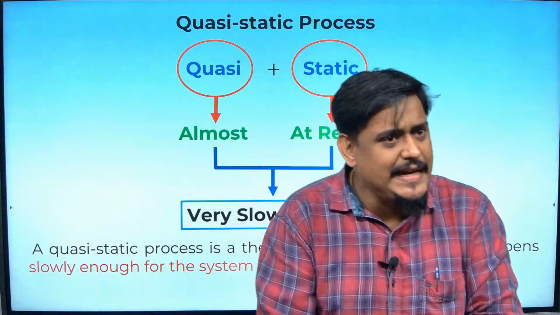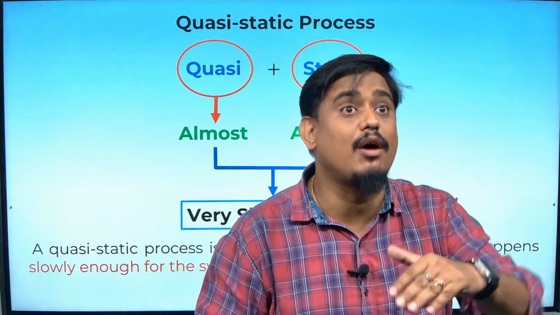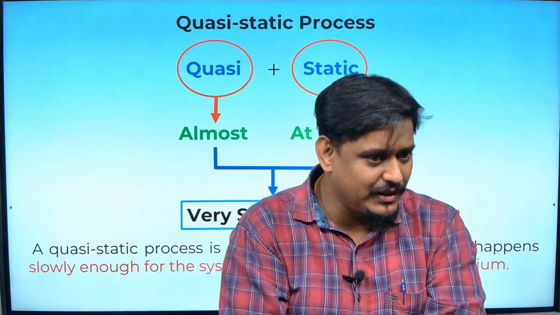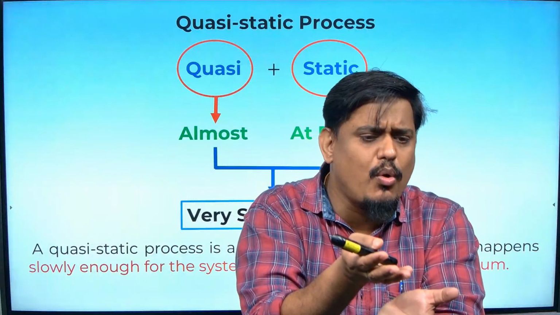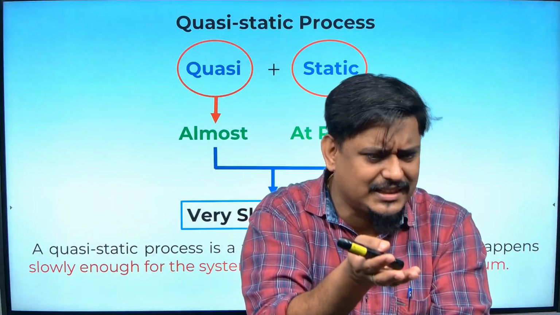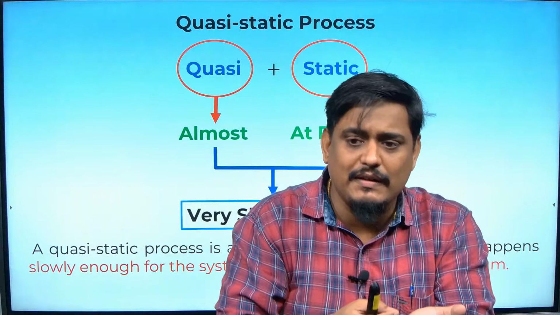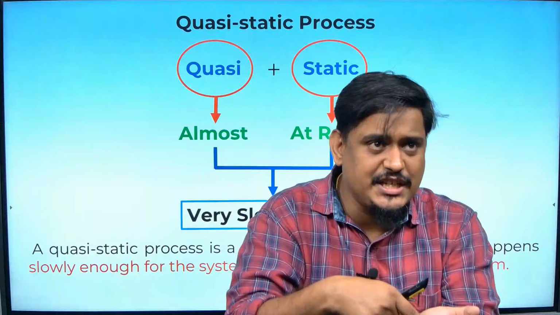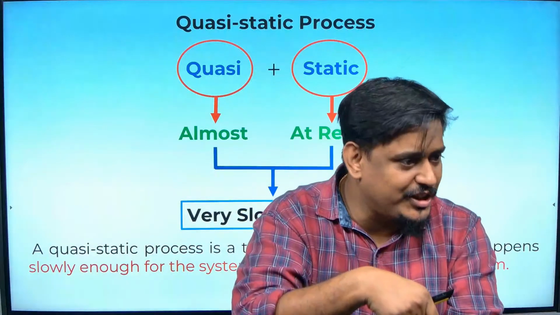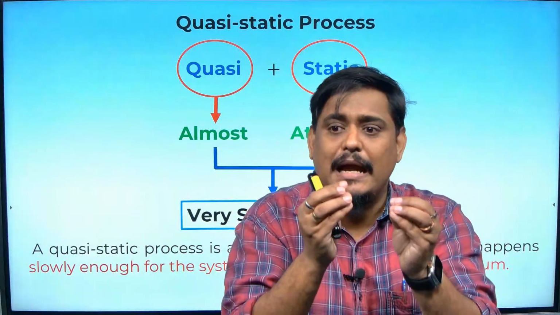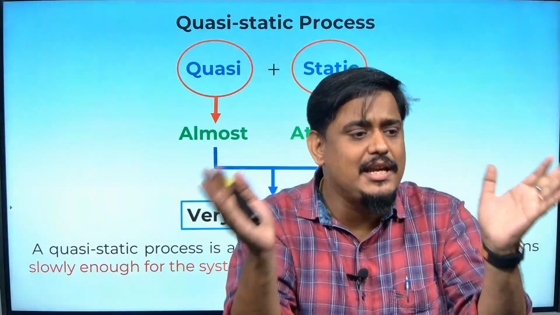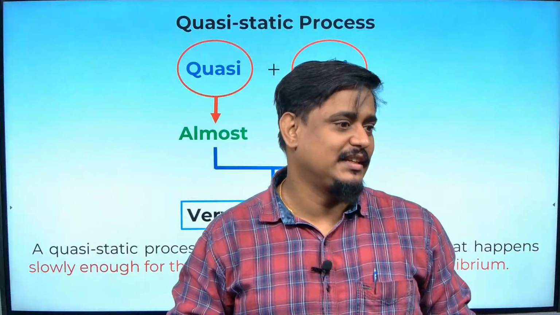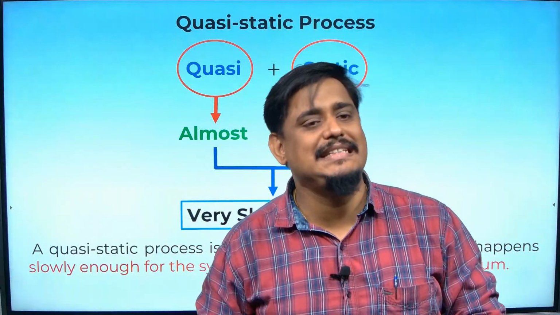Because when heat is supplied and the piston is allowed to move, very slowly, quasi-static, whatever heat you supply must change del U. If del U is changing, the temperature must change. But by the time the temperature is changing, there is heat exchange between system and surrounding, so it is not visible on the gas. This kind of process is called a quasi-static process.